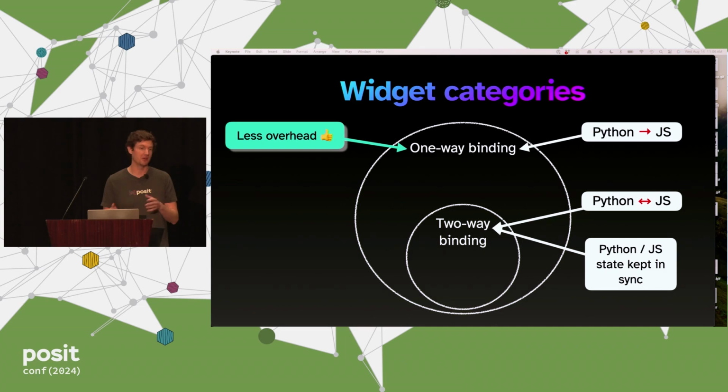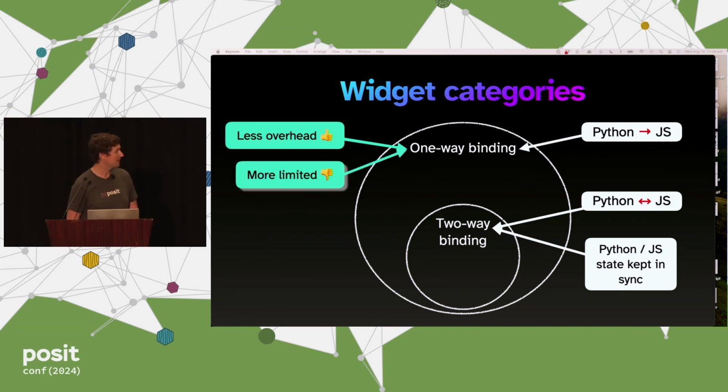You could take that Python code to create a static web page, maybe inside of a Quarto document. But it's also fundamentally more limited, mainly because we can't access any information about what's happening on the front end with our Python code. We can't use what the user is doing to inform other things in a web application.